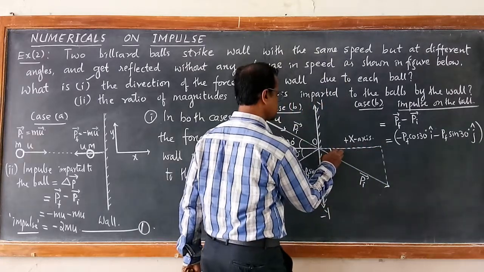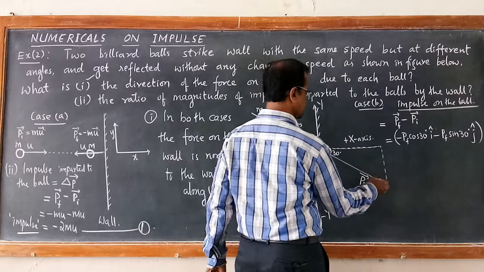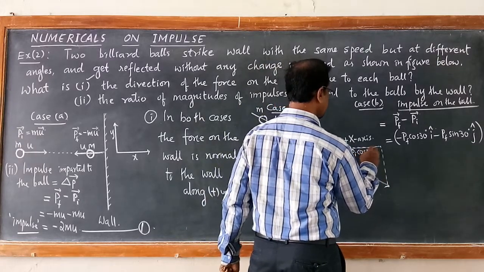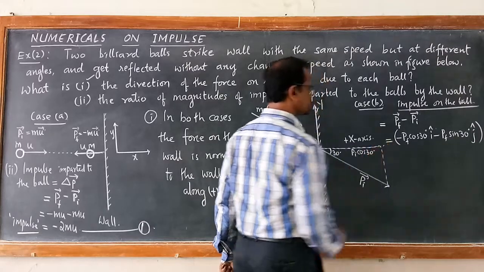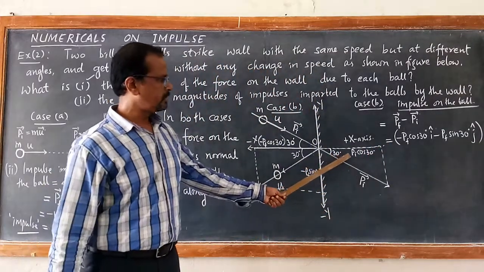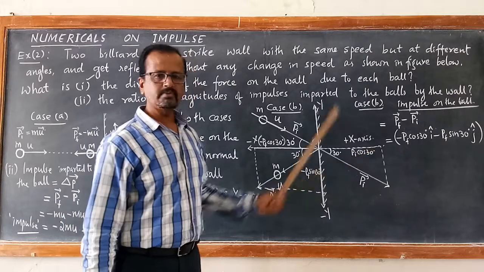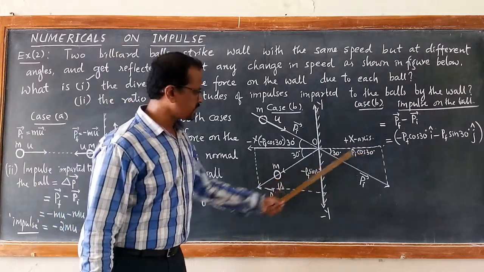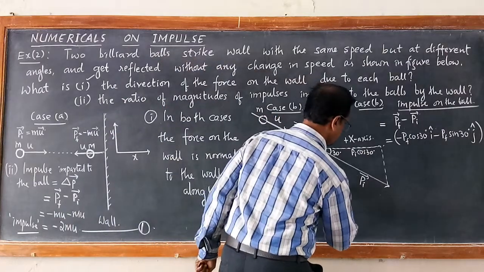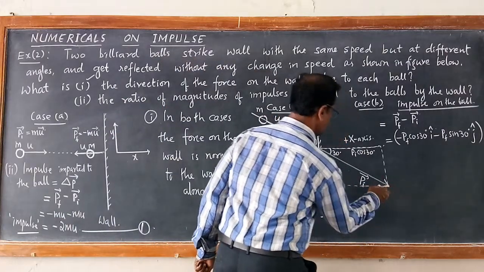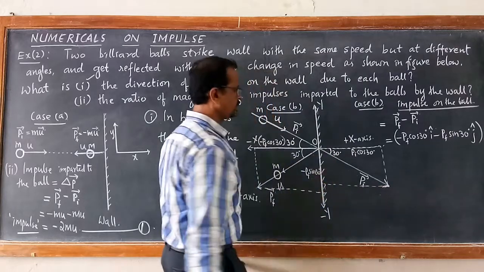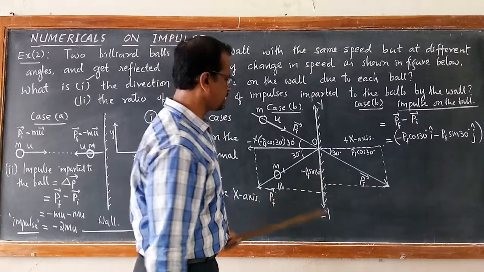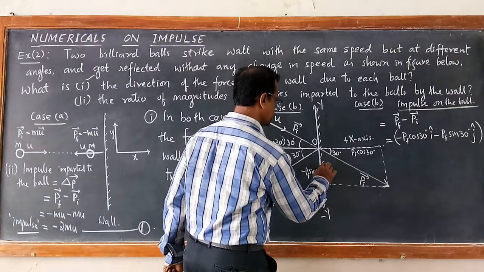This angle is again 30 degrees. Now this becomes Pi cos 30, along the positive x-axis, and Pi sin 30, which is also negative.